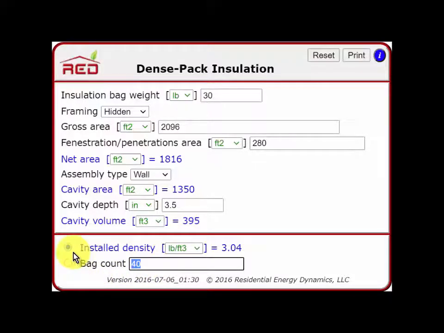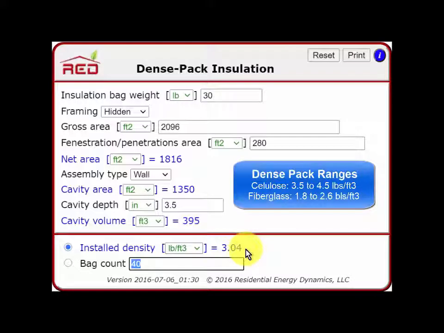You put 40 here. It's solving for installed density. You see that you get just over 3 pounds per cubic foot, which is an inadequate dense pack. We need at least 3.5 pounds per cubic foot for it to be dense packed cellulose.